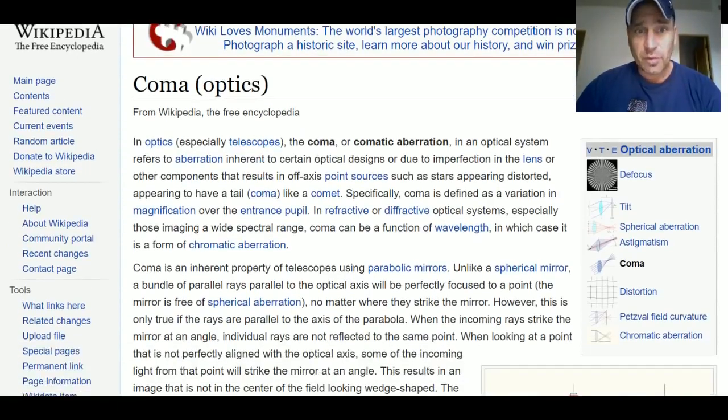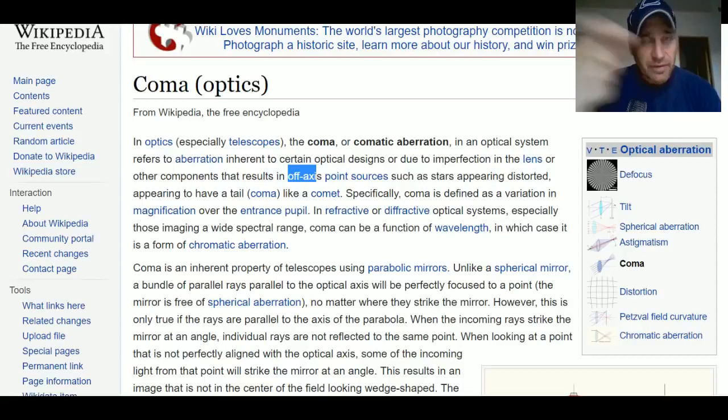Chromatic aberration refers to aberration inherent to certain optical designs due to imperfection in the lens or other components that results in off-axis point sources, such as stars, appearing distorted, appearing to have a tail, coma, like comet. Yes, ladies and gentlemen, there is glass in the sky, and the sunlight wraps around and it shines on these comet objects.